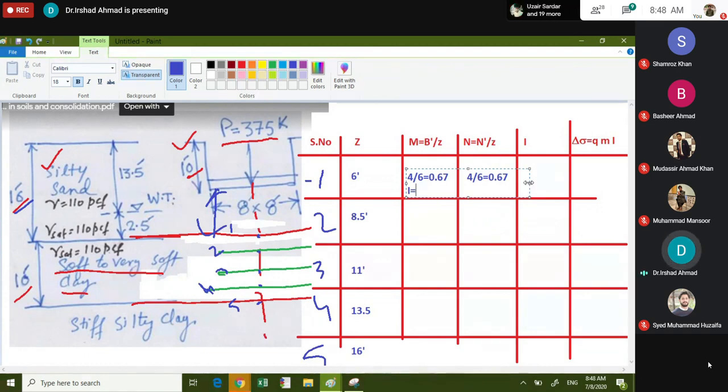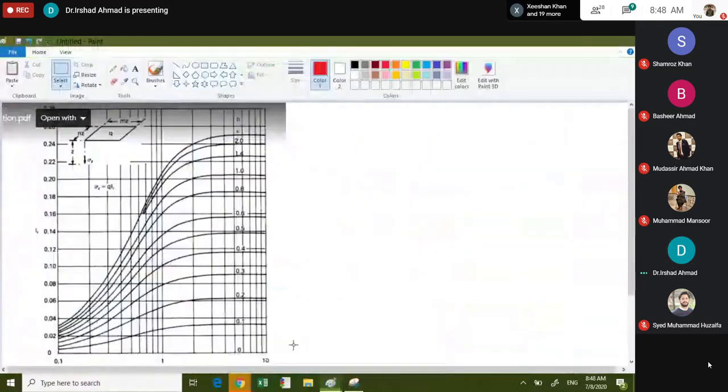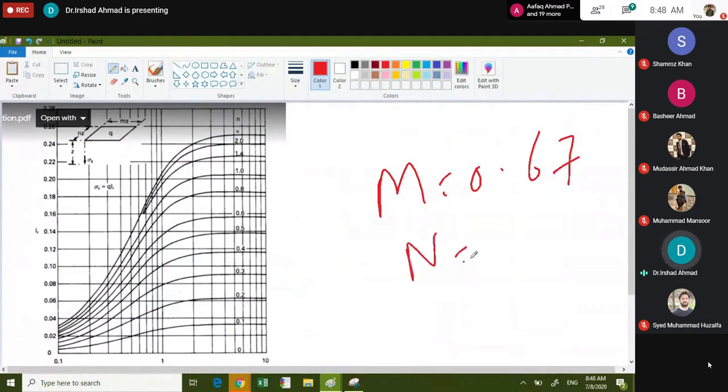That we need to investigate. For m equal to 0.67, n equal to 0.67, what is the value of I? Let's see from the graph.